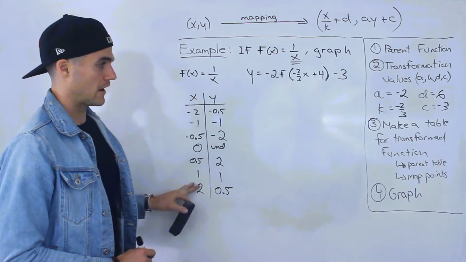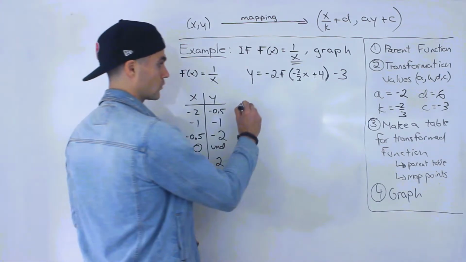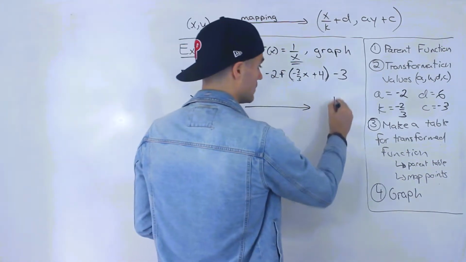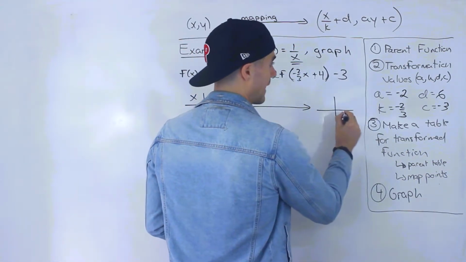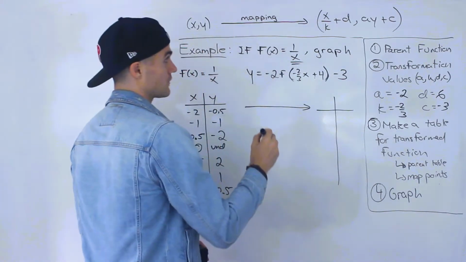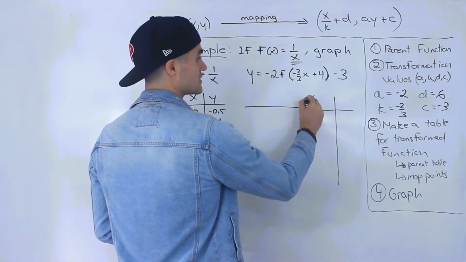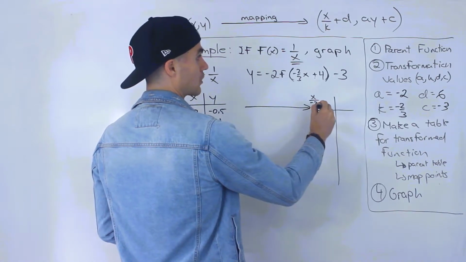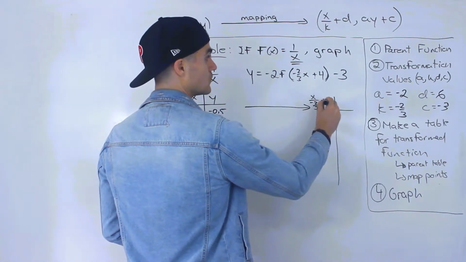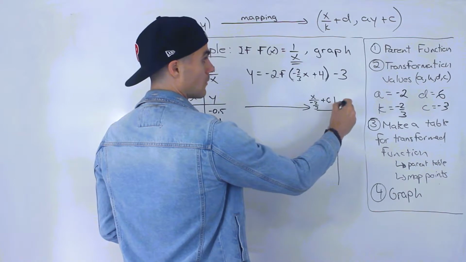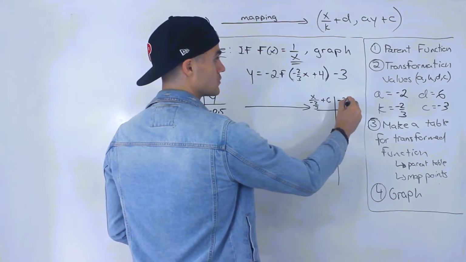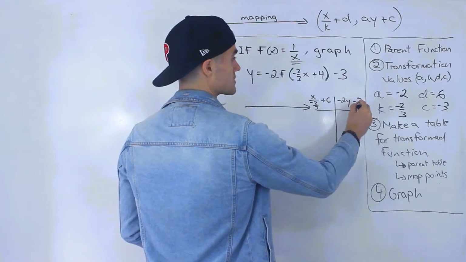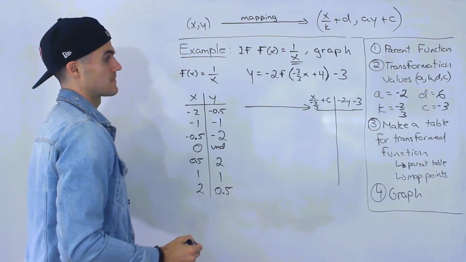So now we have the parent table, and now we're going to transform it using the mapping formula, and it's going to be dependent on these transformation values. So all the x values we're going to divide by negative 2 over 3, and then we're going to add the d value of positive 6, and the y values are going to multiply by negative 2, and then add the c value, which is minus 3 in this case.